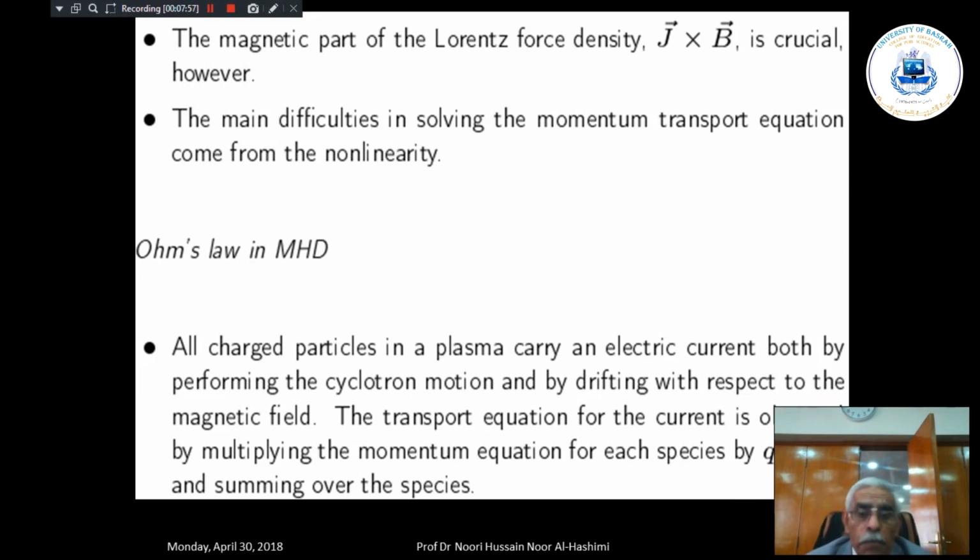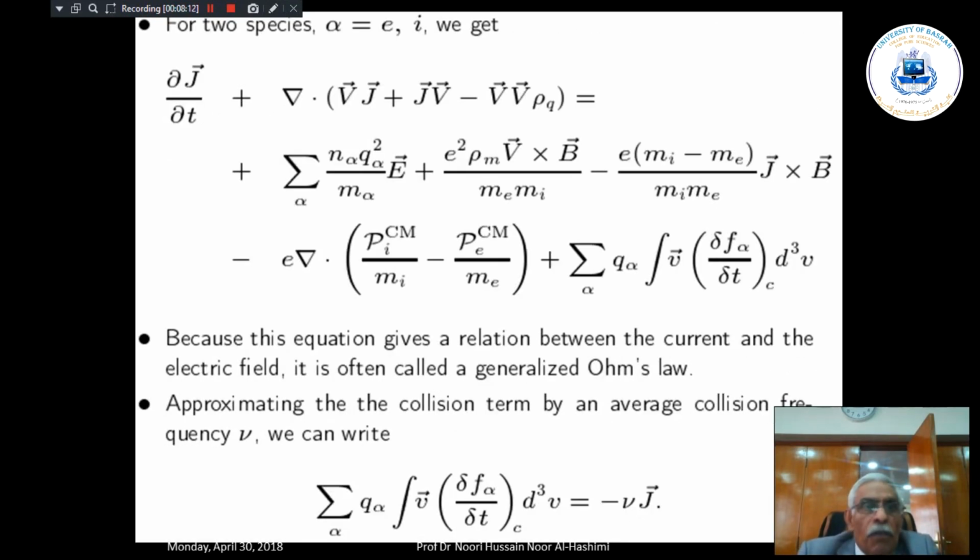The transport equation for the current is obtained by multiplying the momentum equation for each species by q alpha over m alpha and summing over the species. For two species, alpha equal e, i, we get, two species اللي أخذنا electrons ion مثلا.